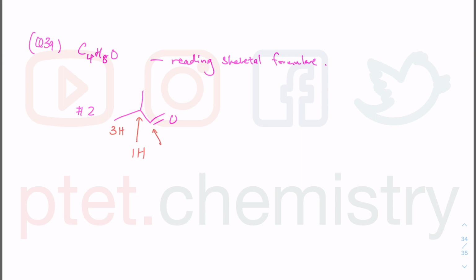Carbon forms 4 bonds, this is the aldehyde, RCHO. So carbon forms 4 bonds, 1, 2, 3, so there's 1 hydrogen there, and there's 3 hydrogen there. So altogether you have 1, 2, 3, 4, C4, and then you have 3, 4, 5, plus 3 is 8, and you have 1 oxygen. 2 is correct. If you check number 1, this is a ketone.